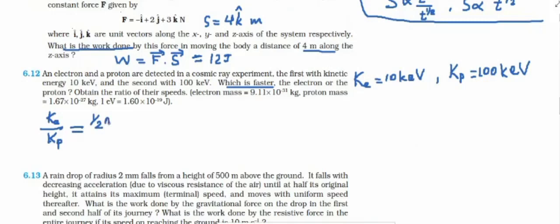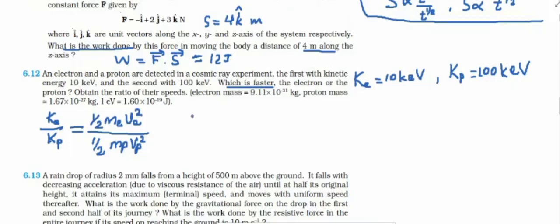Ke, kinetic energy of electron, divided by kinetic energy of proton is equal to, what do you get? Half me v square, that is the kinetic energy of the electron, divided by half mp vp square. The half will be cancelled. Cross multiply the equation.